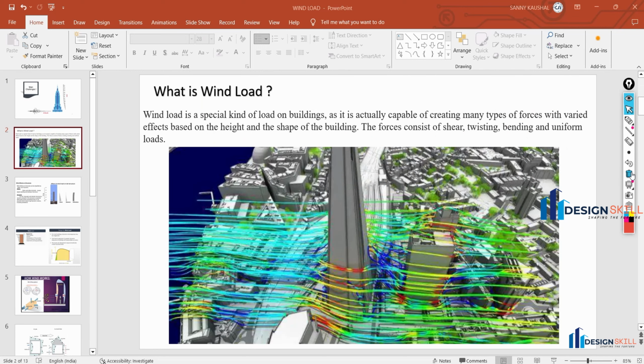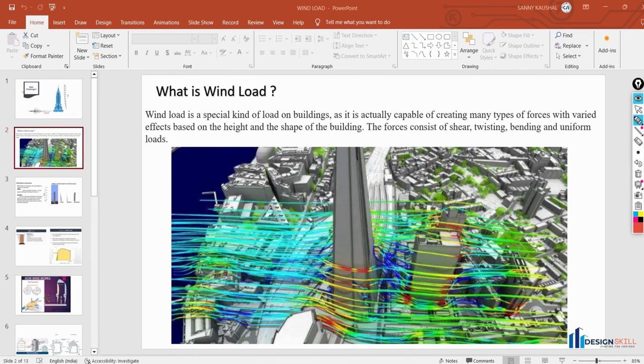We will talk much more about the wind load, but first of all we will study what wind load is. Wind load is a special kind of load on buildings, as it is capable of creating many types of forces with varied effect based on the height and shape of the building. The forces consist of shear, twisting, bending, and uniform loads.